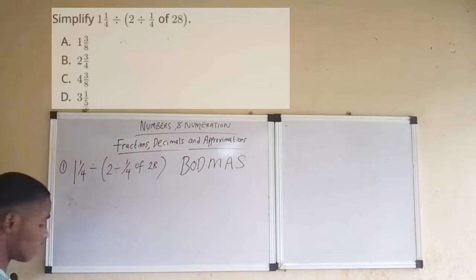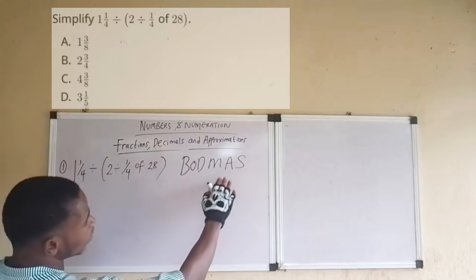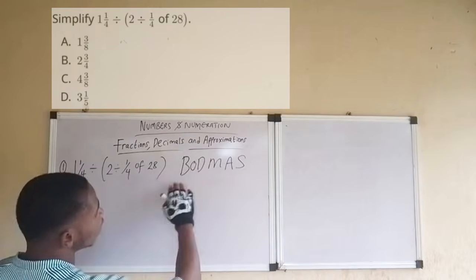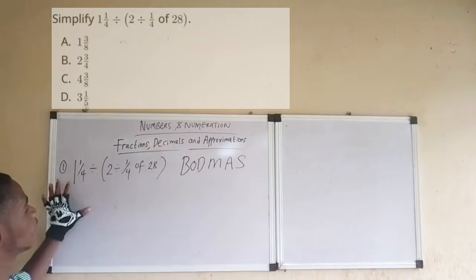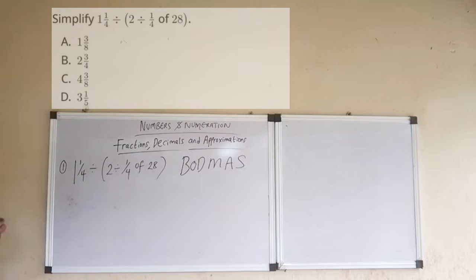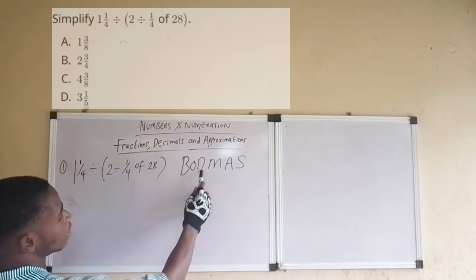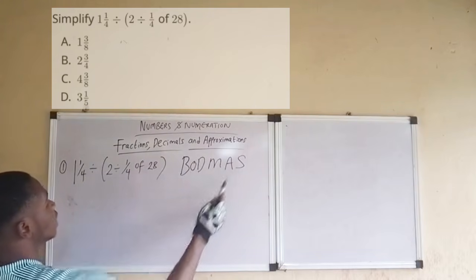So, real quick, we have BODMAS. BODMAS is an acronym that helps us to know the approach or the steps in which we should simplify a question like this. You understand? So B means bracket, O means of, D means division, M means multiplication, A means addition, and S means subtraction.